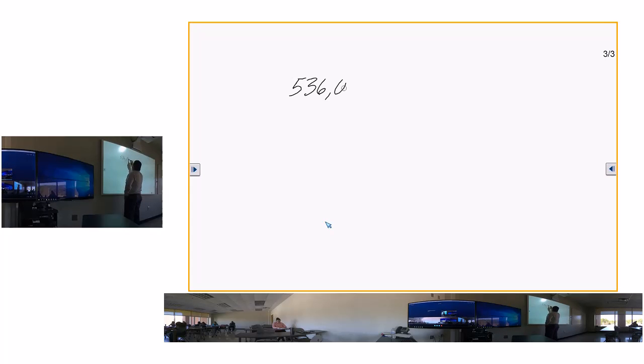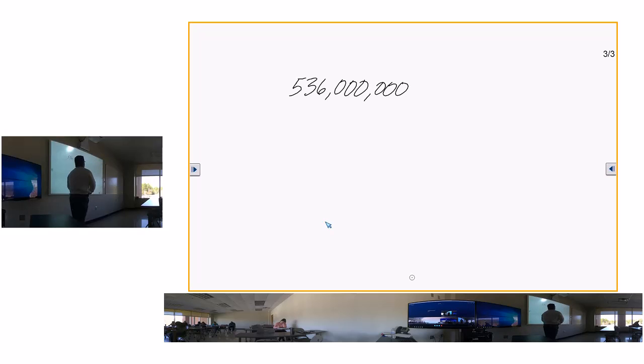536 million. Okay, now the decimal on a whole number, where is it? It's right there. So you've got to move it. Left to right, because we read from left to right. Where is the first number greater than 0? 5, thank you.